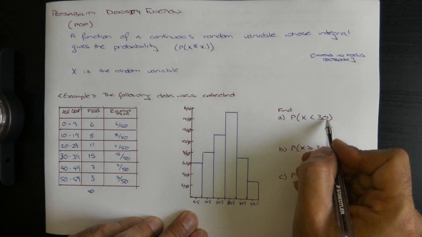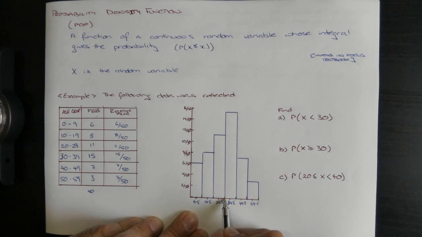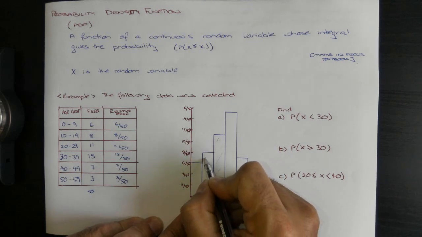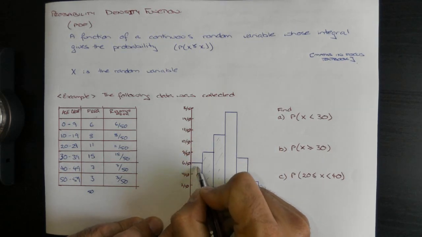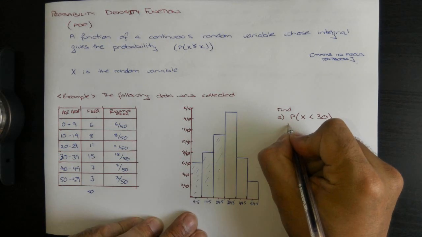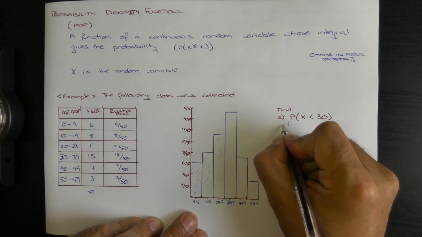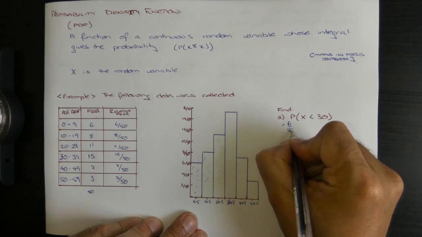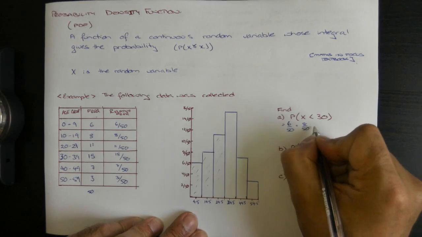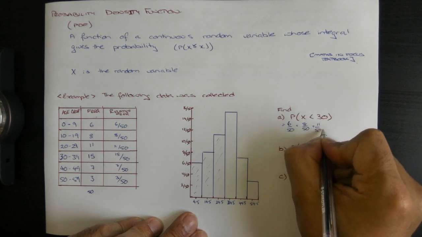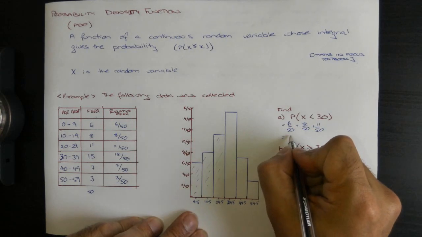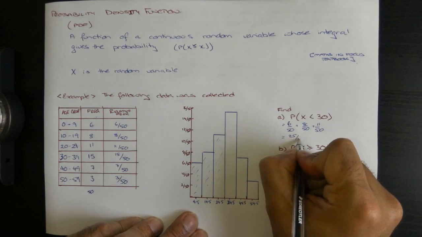So less than 30 is going to be the sum of these 3: 6 over 50 plus 8 over 50 plus 11 over 50. 19 plus 6 is 25 over 50, so a half.